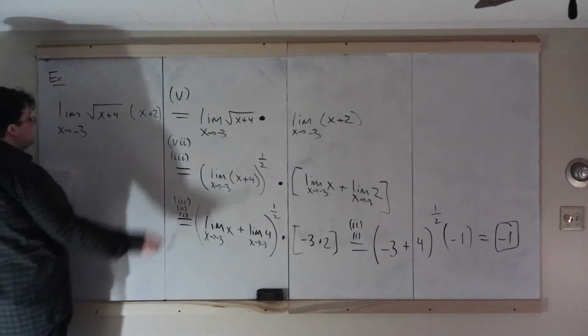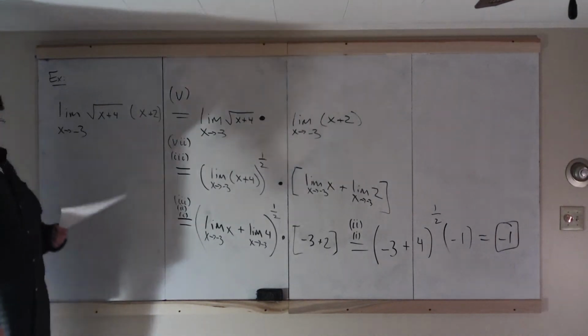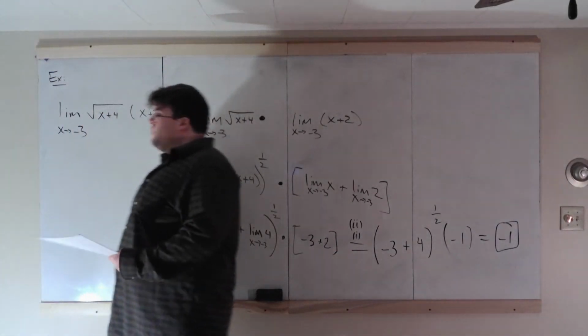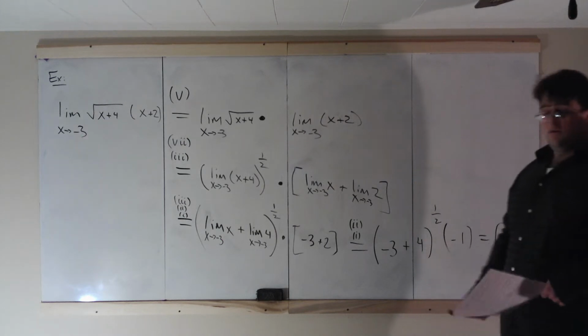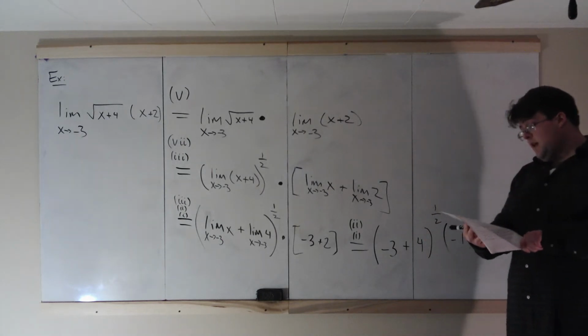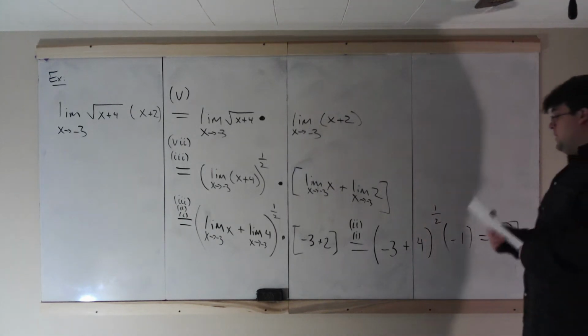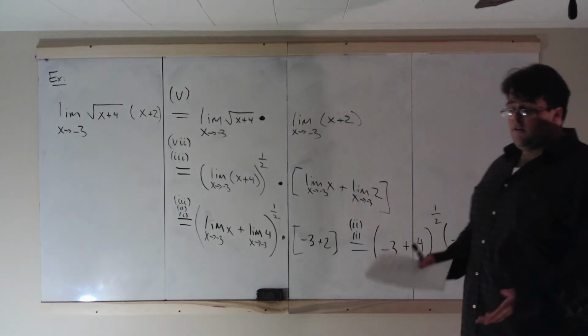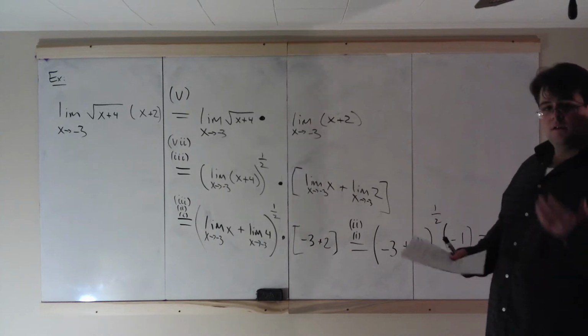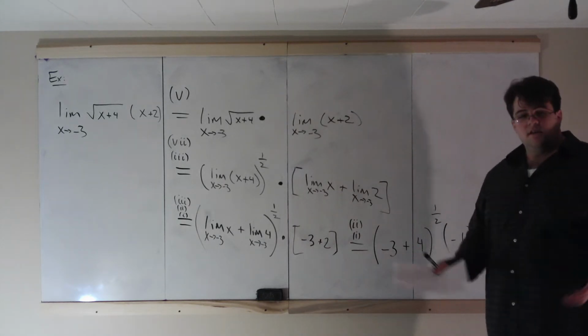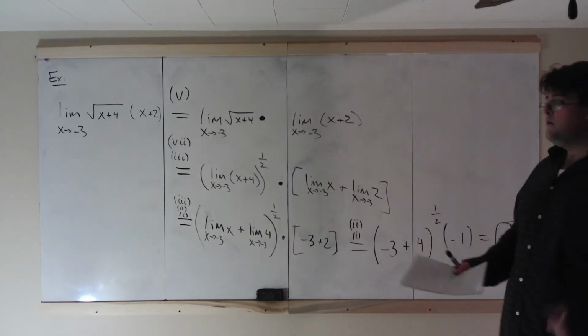You get root 1 times -1, which is -1. And similarly for the previous problem, if you substituted x equals 2, you would get 2 squared minus 10 plus 3, which is what we had at the end. So the following theorem will consolidate these limit laws in a convenient algebraic way.